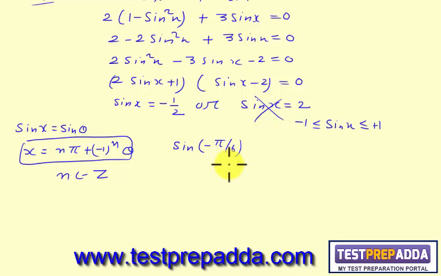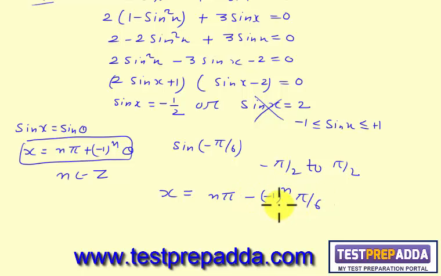This minus pi by 6 lies between minus pi by 2 to pi by 2. So I can write the solution for the equation as x is equal to n pi plus minus 1 to the power n times pi by 6.